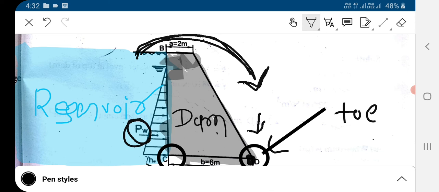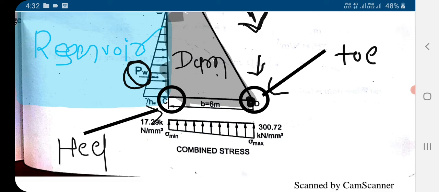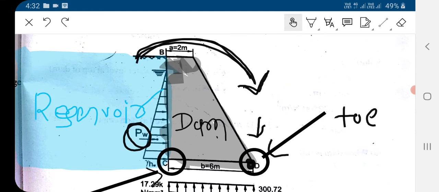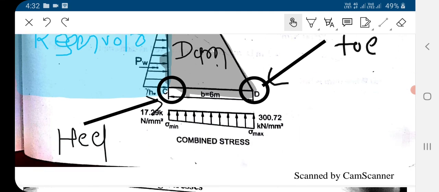So what happens, the maximum pressure will be generated at the toe point. So here it is sigma maximum, and here it is sigma minimum. So now it is clear how to draw this pressure distribution diagram in a dam.